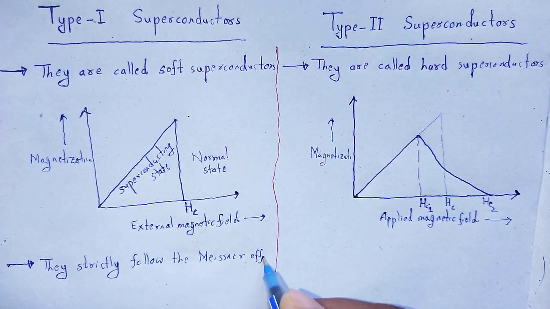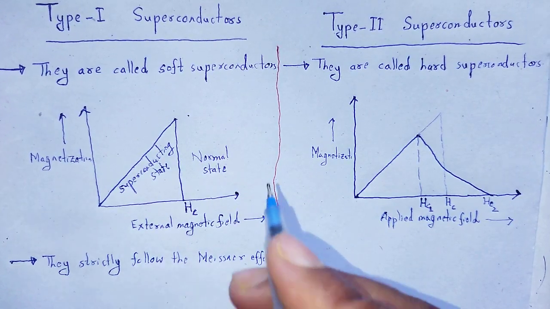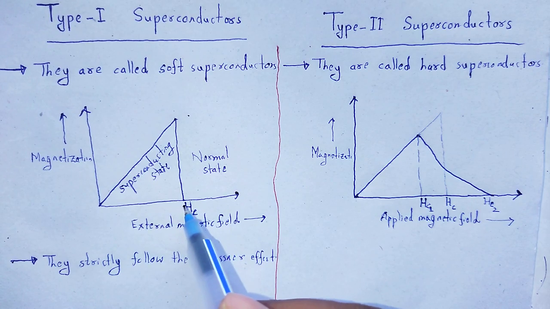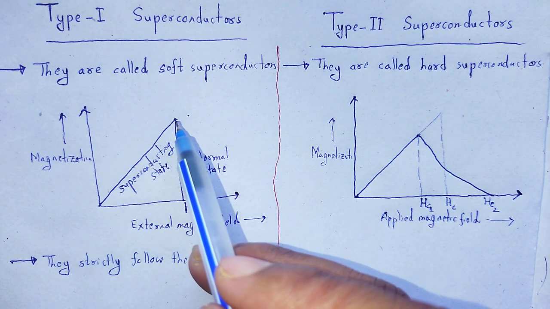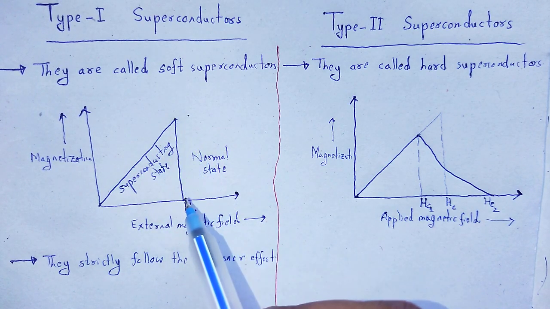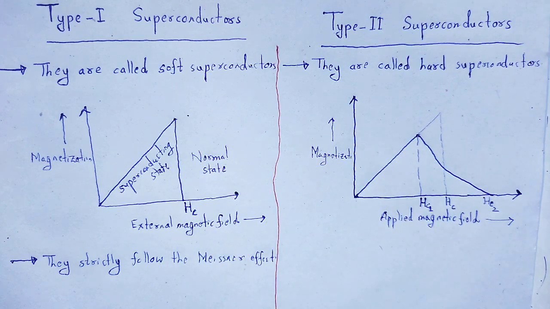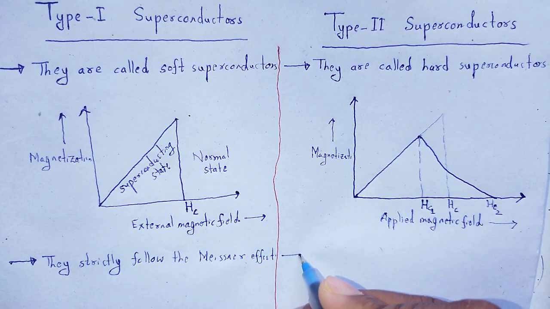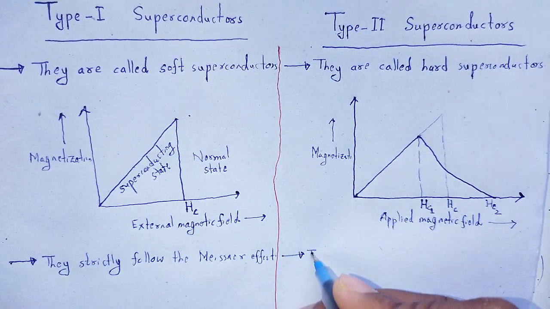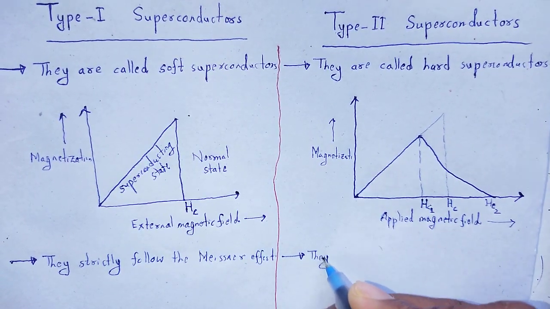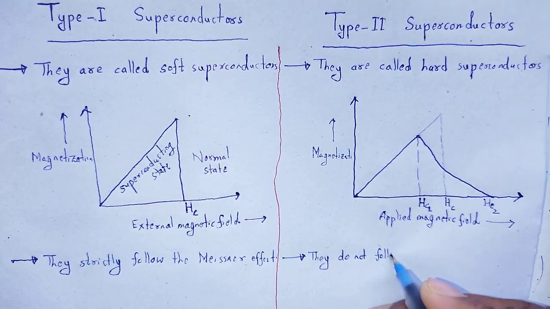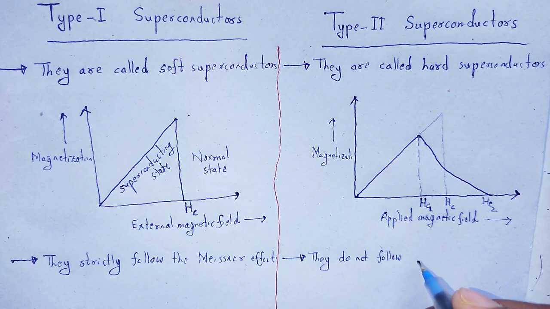Meissner effect means at the critical magnetic field, the superconducting state suddenly jumps to that of normal state. But in case of type 2 superconductors, they do not follow the Meissner effect strictly.